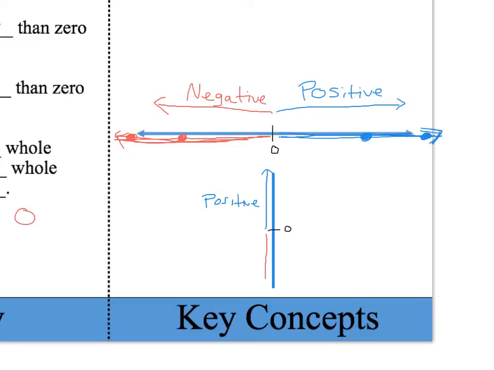The negative numbers in a vertical number line would go down. And we would still have the same concept. The higher the positive number is on the number line, the larger the value. Also for negative, the lower the negative number is on the number line, the smaller the value of the number. So we're going to use these key concepts to solve the following examples.